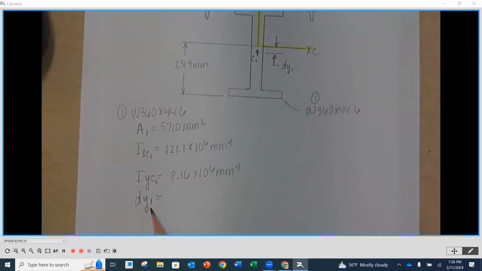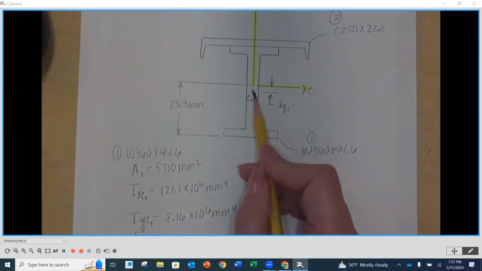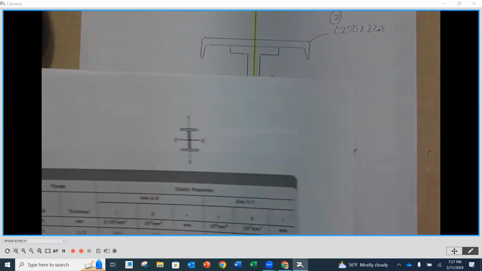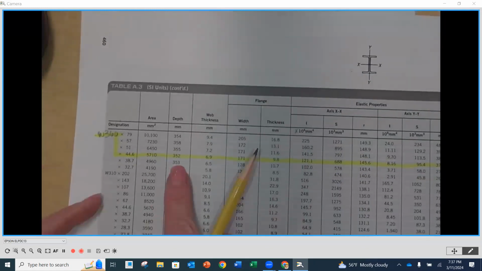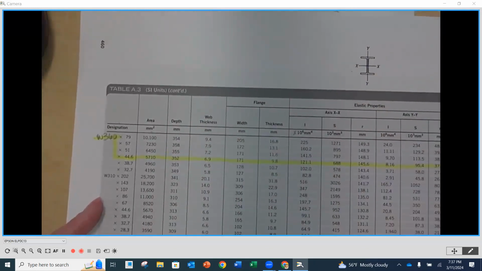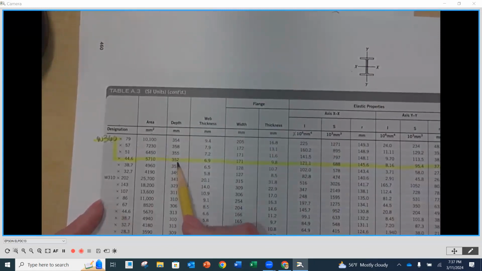And then our dy1. To find that dy1, we first need to know where the centroid is from the top or the bottom. When we look at an I-beam, the second column here is depth. Depth is always the overall height. I don't know why they use that as the callout, but it is. So our depth is 352 millimeters, that's the overall height.